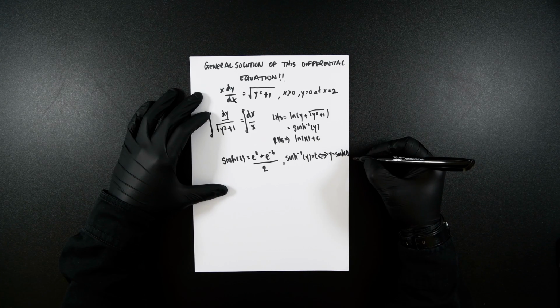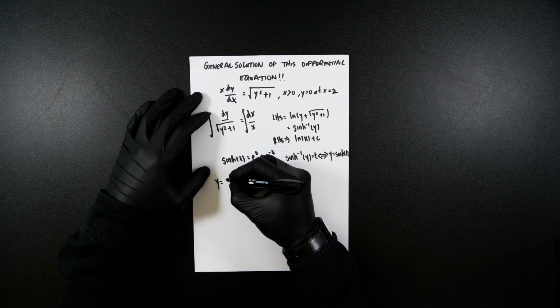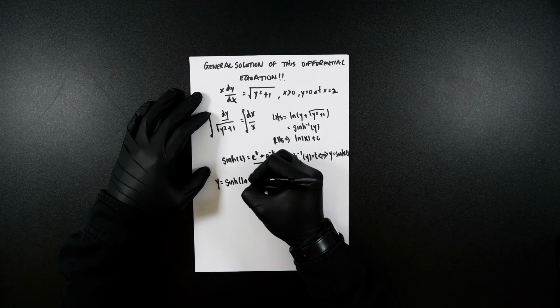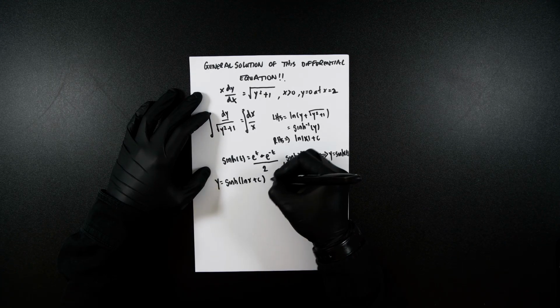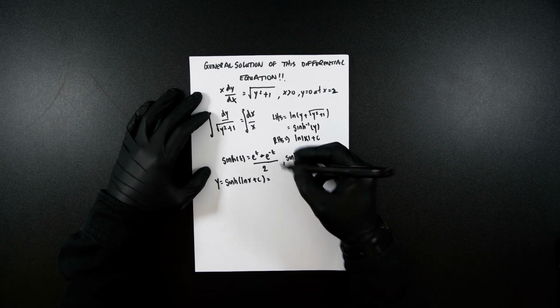That kind of fits in, I just crammed it. So we can then get y equals sinh of ln x plus c. Let's now plug that into here, because we know that our t's are equal to that.